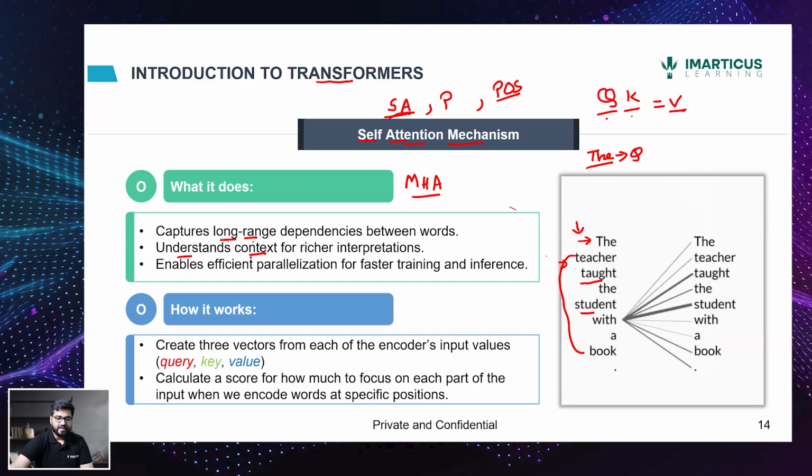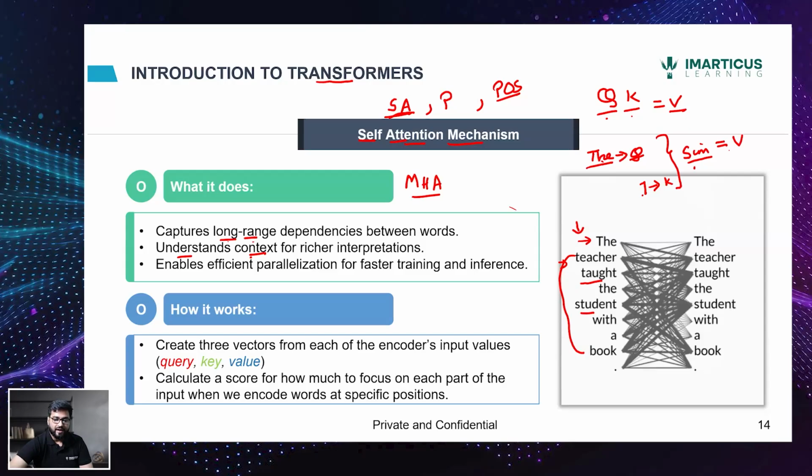The second word in the sentence, teacher, becomes the key for us. Now, using these two words, we are going to perform a mathematical calculation. That is, we are going to calculate the similarity between these two words, how similar these two words are, and we are going to get a resulting value.